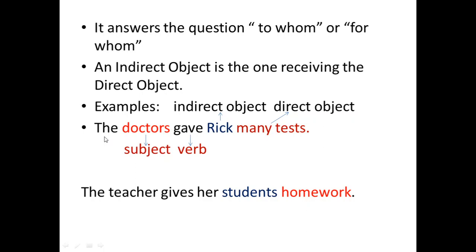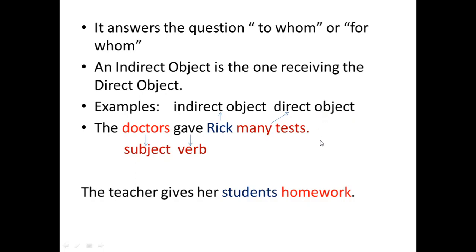Or you can say, the doctors gave what, because we have tests. We now know that the doctors gave many tests, so many tests will be your direct object.